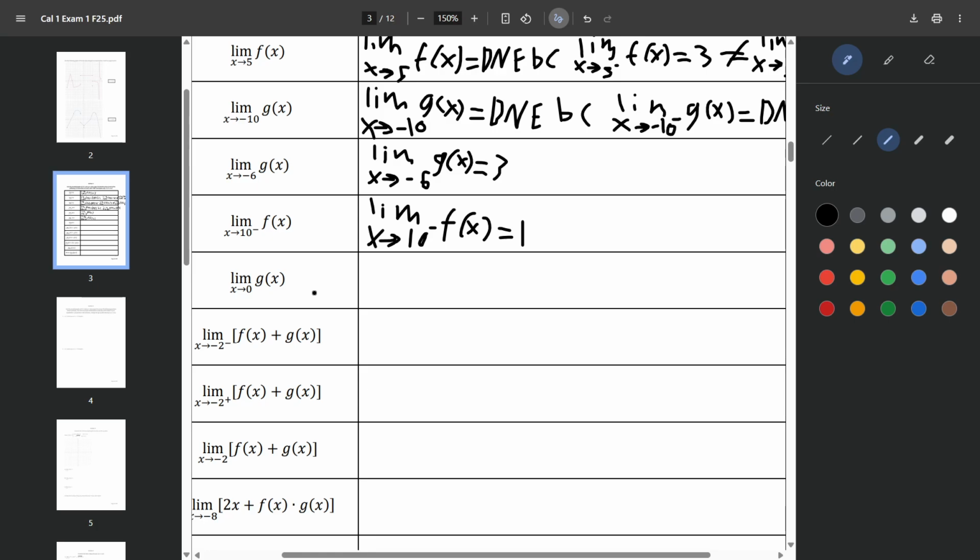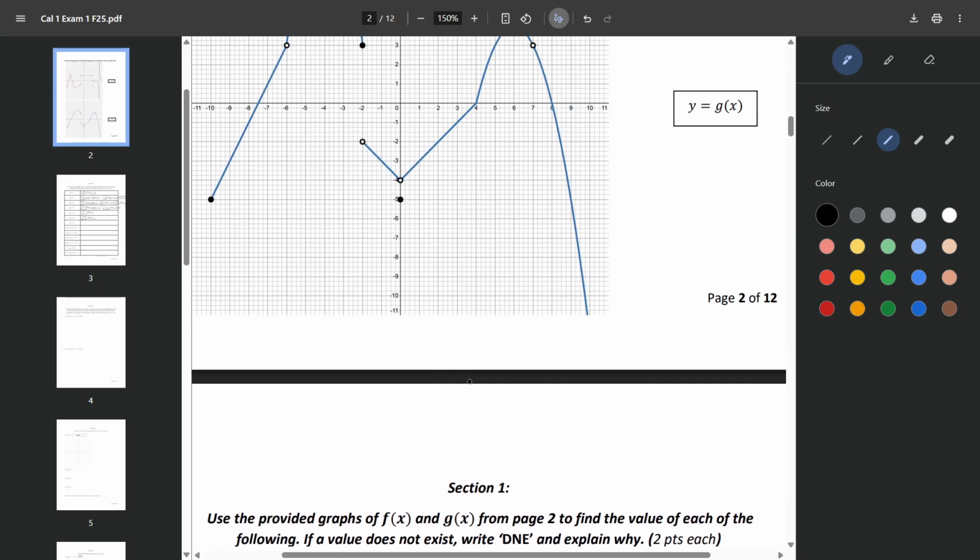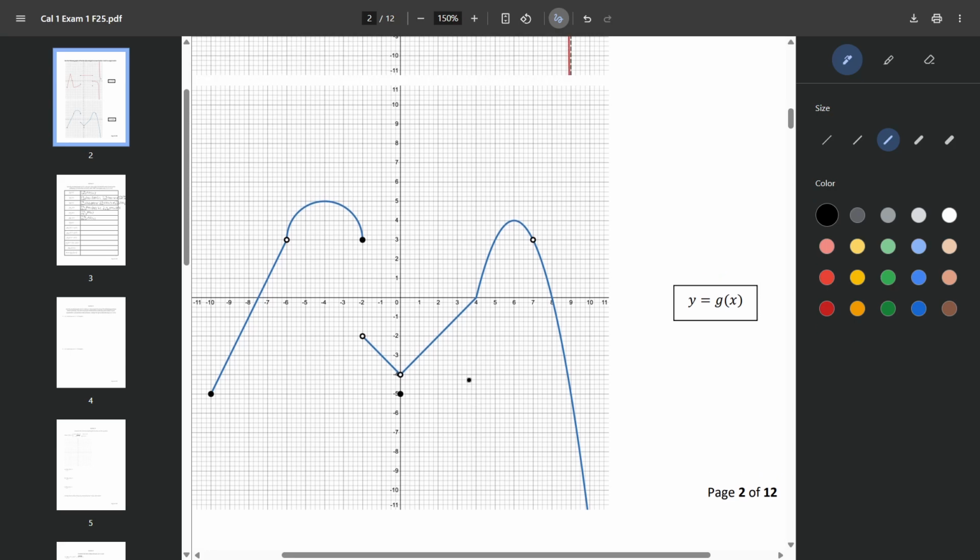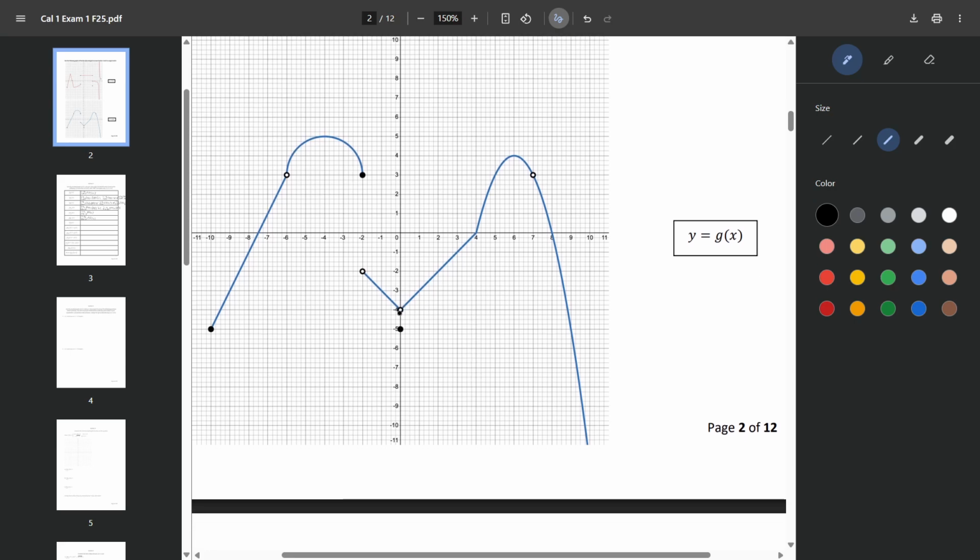For this one, limit of x approaching 0 of g of x, we could see that whilst we do have a point defined at x equals 0, which is negative 5, that is not where our limit is, as it's not connected to our graph, and thus this is a discontinuity.